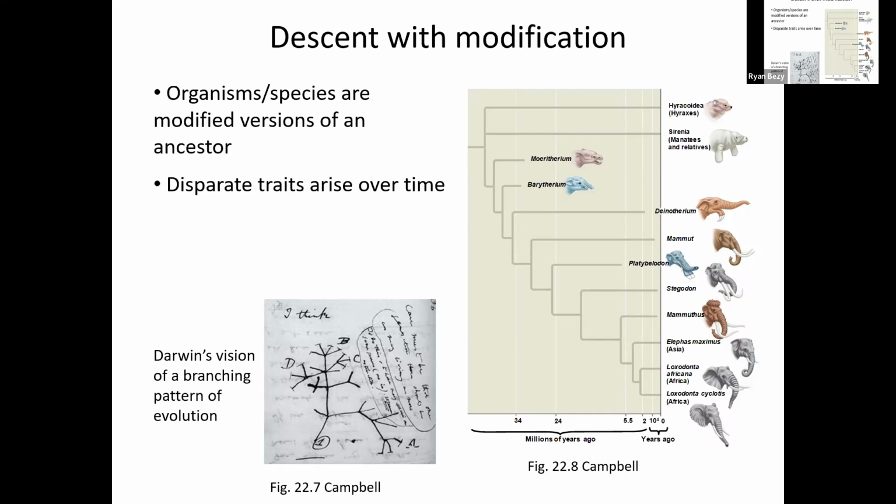The idea here is that there are going to be disparate or different traits that arise over time in populations. Populations slowly change over time. You get trait differences over time. And here, when I say time, I'm always meaning reproductive time or generational time. Populations going through several generations.